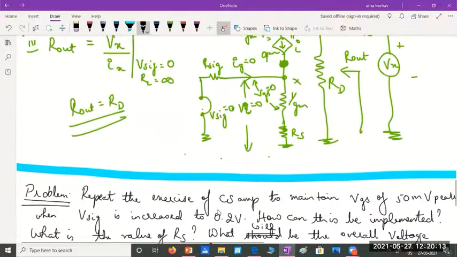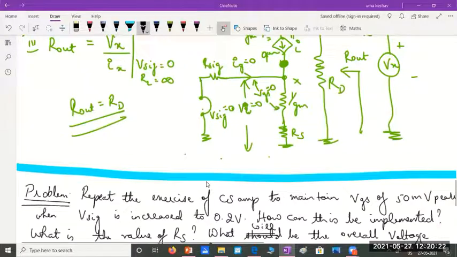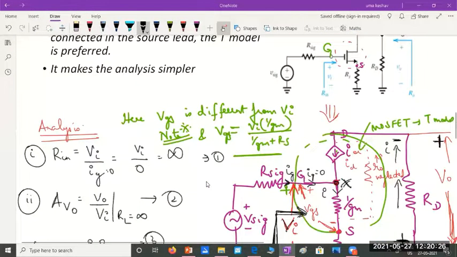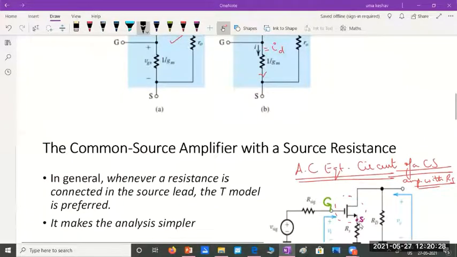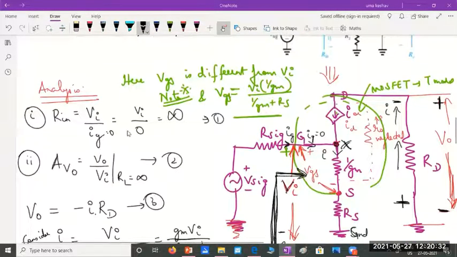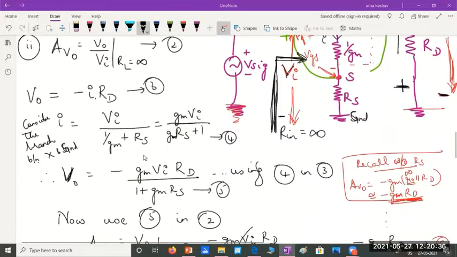Let's repeat the previous exercise. We had done this problem in common source amplifier without RS. In the last class, we discussed the effect of having a source resistance. We showed that the input impedance still remains infinity. The open circuit voltage gain will be less than the previous case.